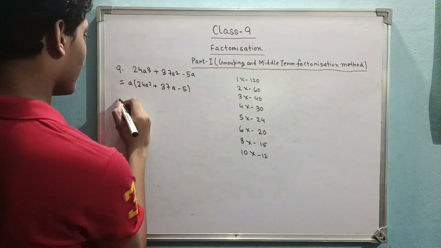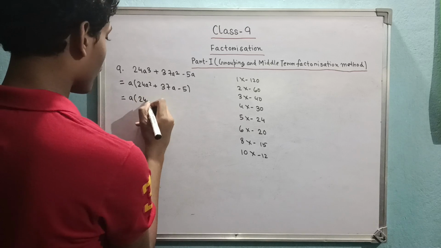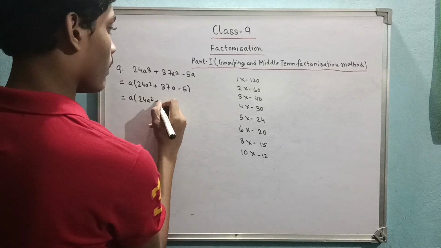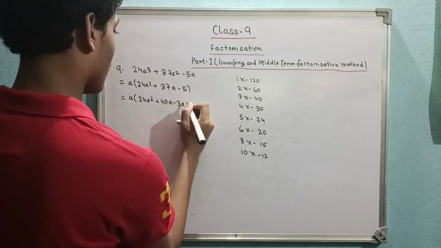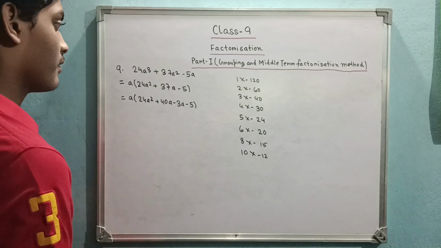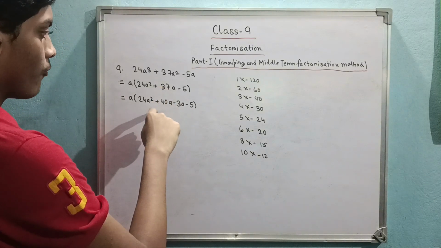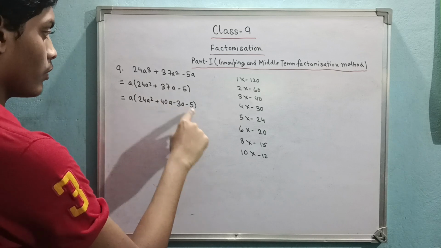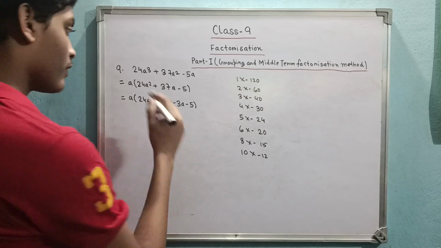So now I can write this as a into 24a square plus 40a minus 3a minus 5. See this, guys. We got 40 minus 3 is 37, and 40 into minus 3 is minus 120, which is 24 into minus 5. So let's now do it.